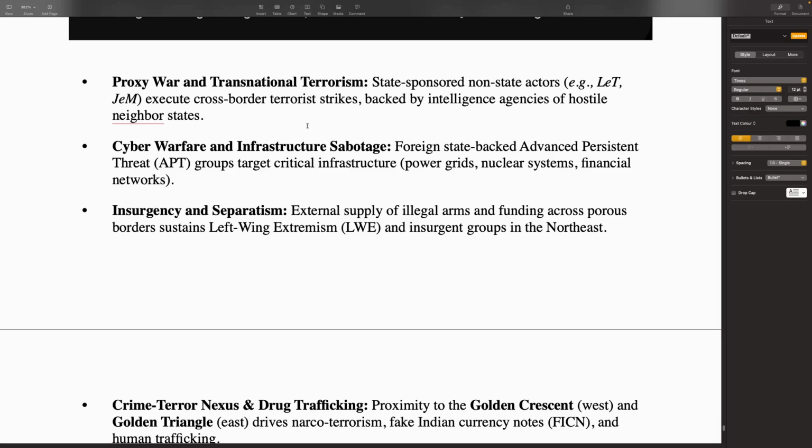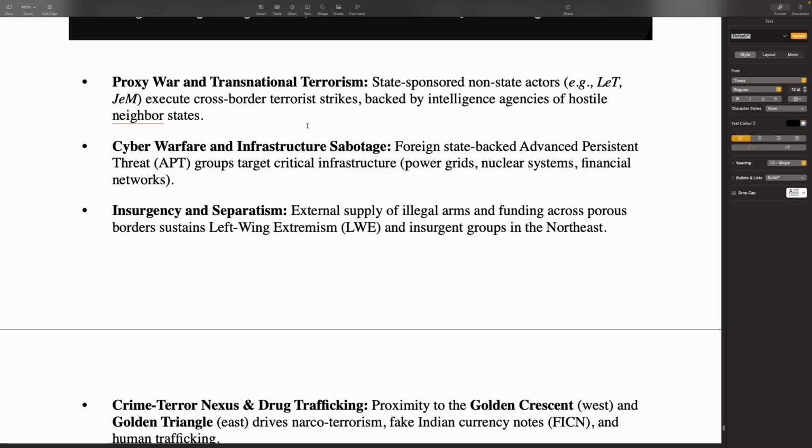Cyber warfare and infrastructure sabotage. Foreign state-backed advanced persistent threat, APT groups target critical infrastructure, power grids, nuclear systems, financial networks. Insurgency and separatism.